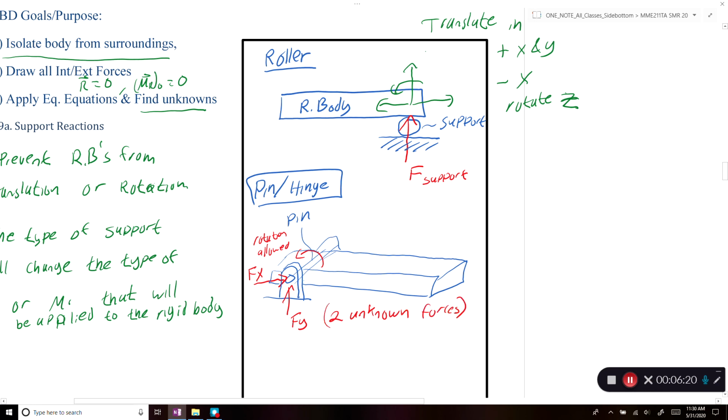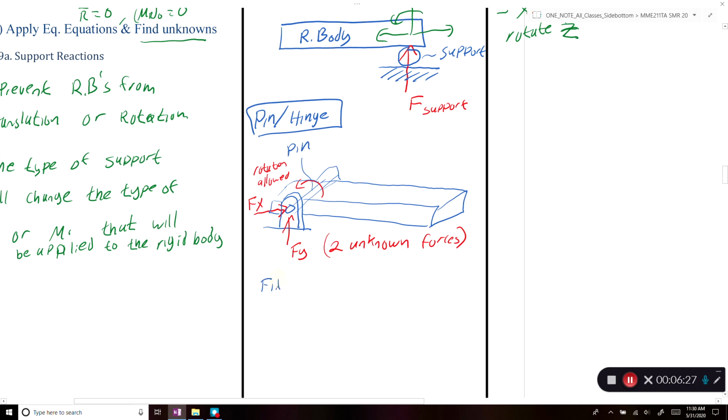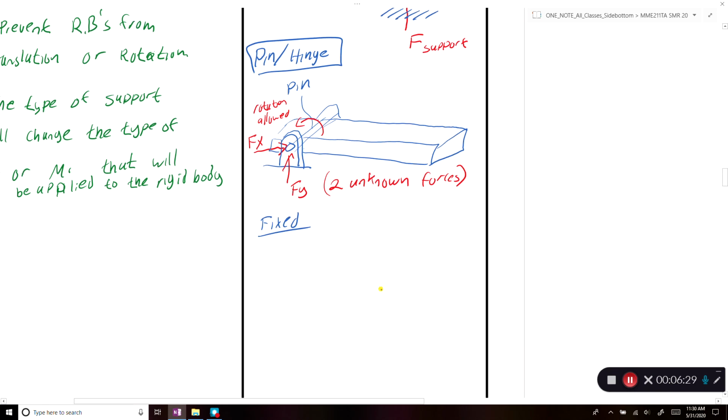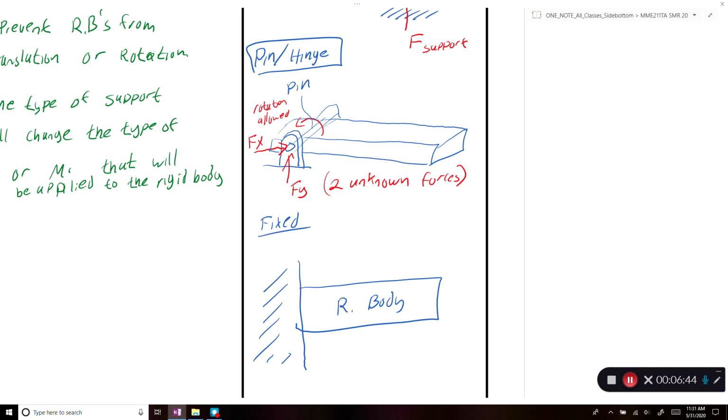And then our last case would be a fixed support. So if our rigid body is fixed to a wall, it could be welded to the wall or bolted to the wall, then no matter how you pushed or pulled or tried to rotate this rigid body, it would not move.